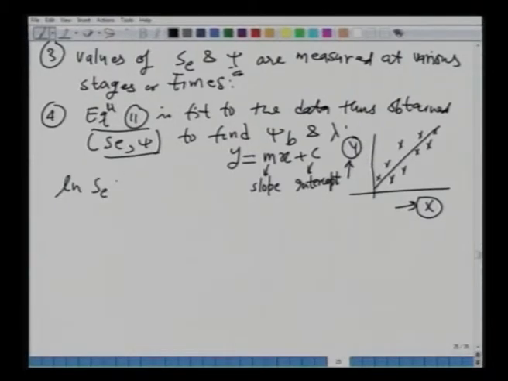Log of S E is equal to lambda times natural log of psi b minus psi.